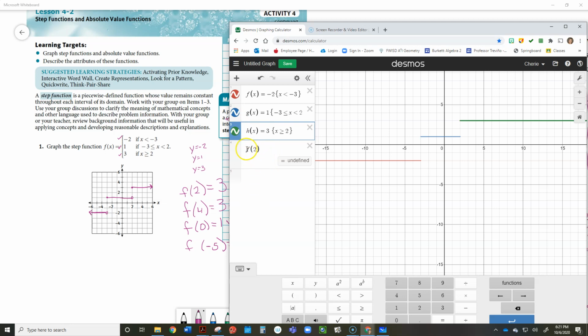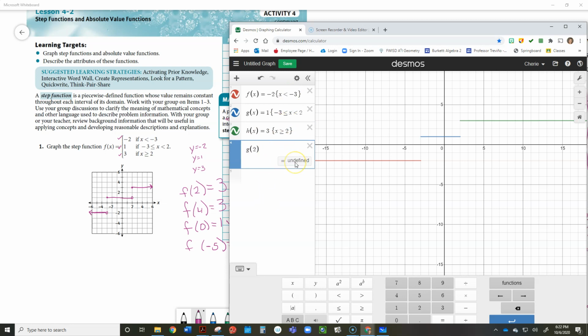Now I've asked it f of 2, and when it says right there that it's undefined, it's saying this 2 is not a number that's smaller than 3. So you can't plug it into this one because this 2 right here is not in that domain, that restriction. So it's saying you can't do it. So change that to g of 2.